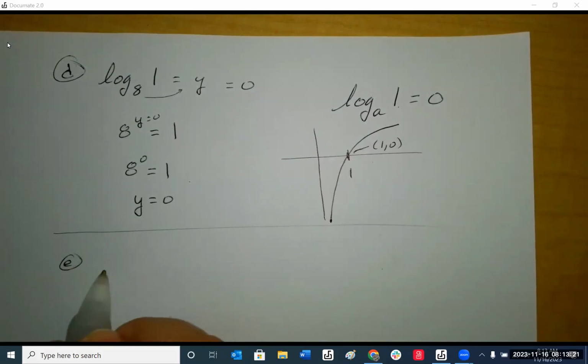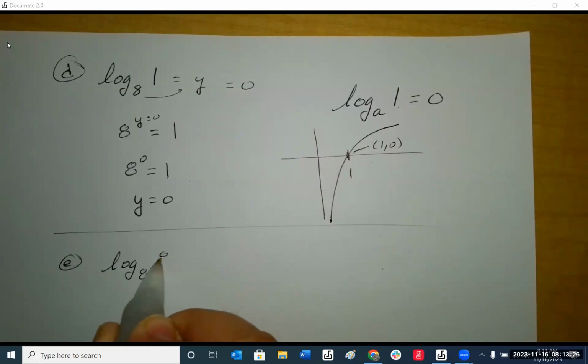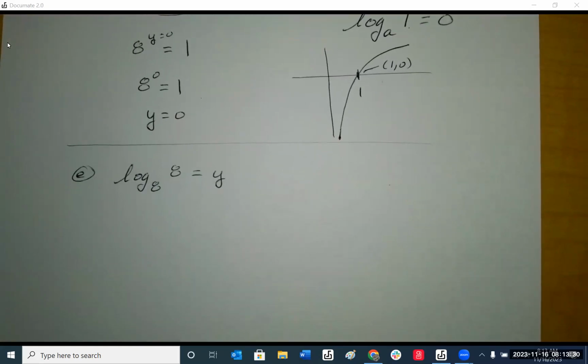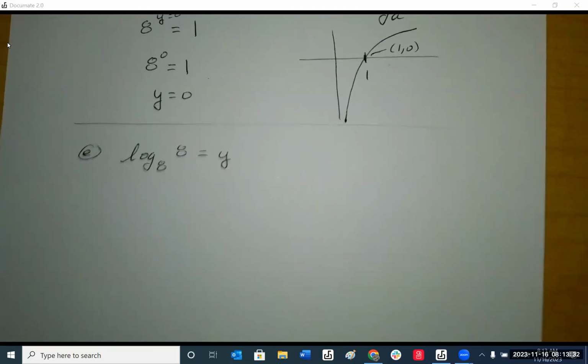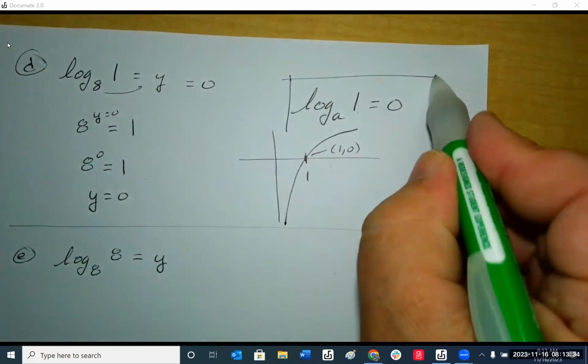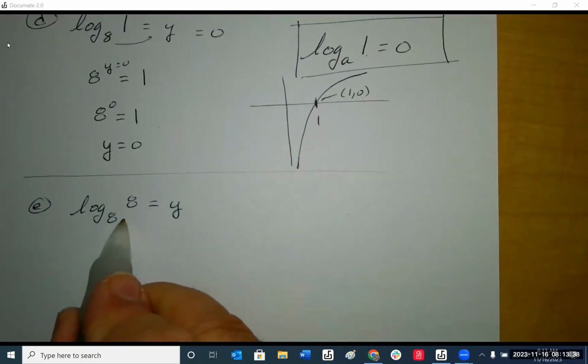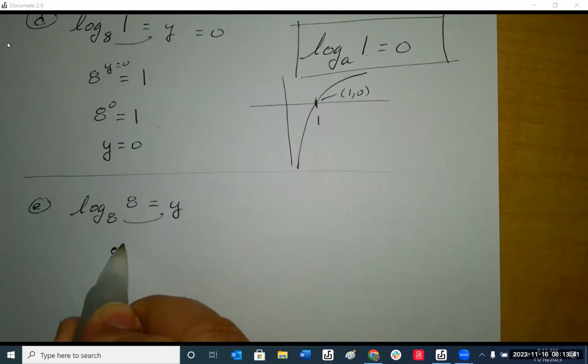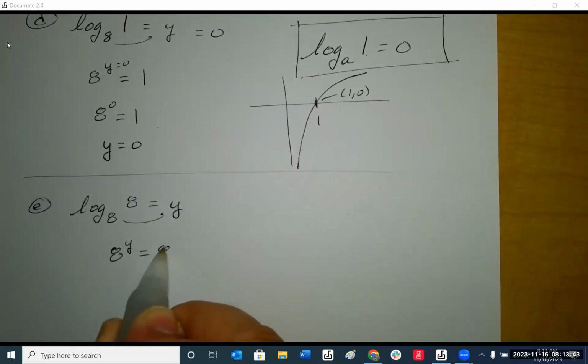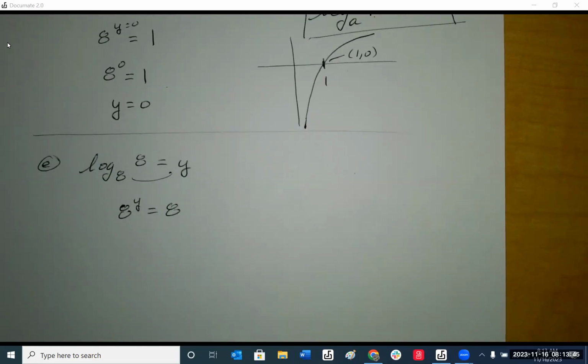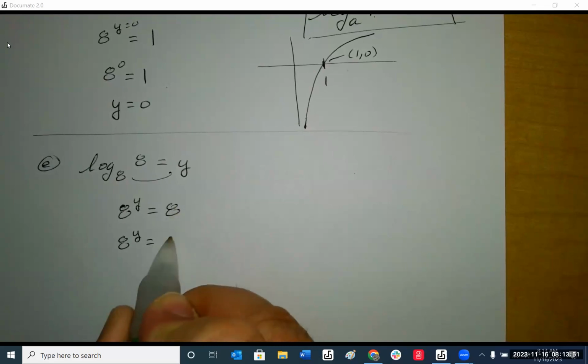And the last of this example, log base 8 of 8 is equal to y. So this is a property. Eight to the power y is equal to 8. Eight is the same thing.